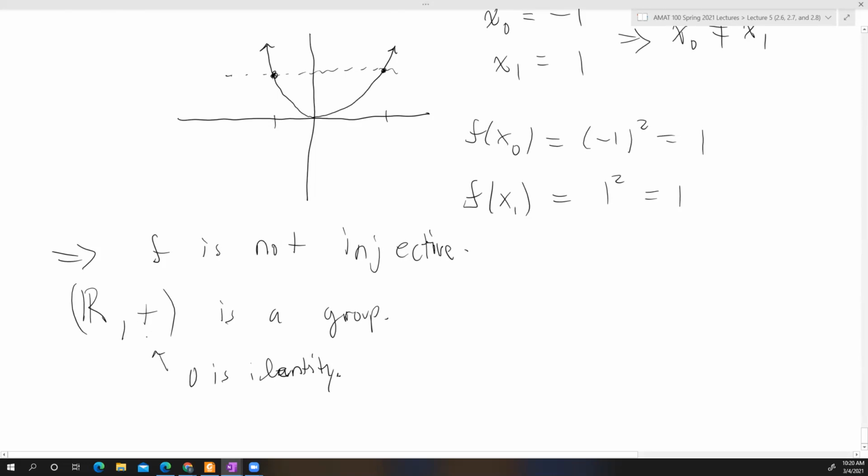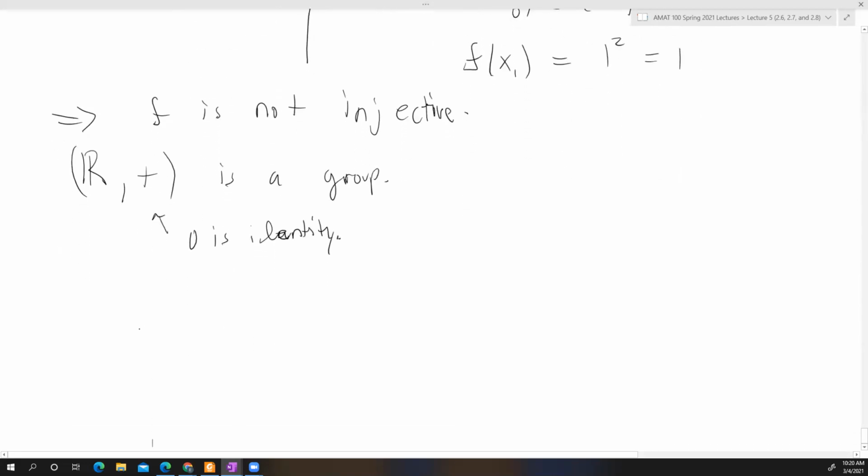And then you have inverses, which in the case of real numbers with addition are just negatives of numbers. It turns out that you can talk about homomorphisms between groups, and homomorphisms measure whether two groups are the same, just in different forms.